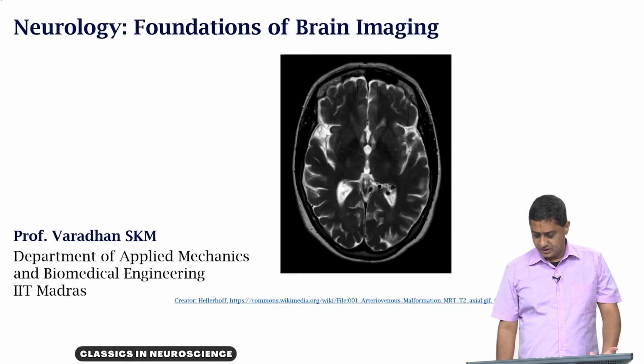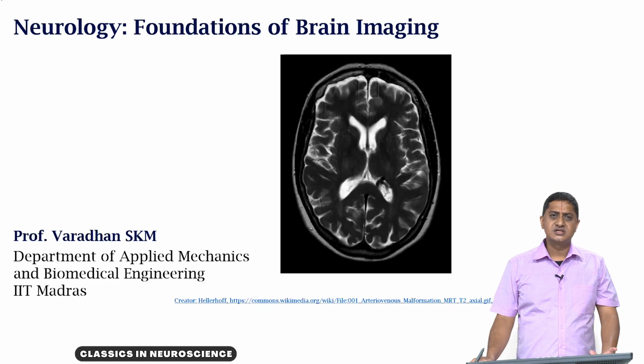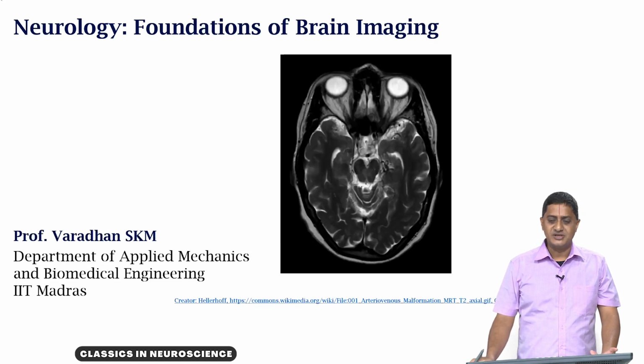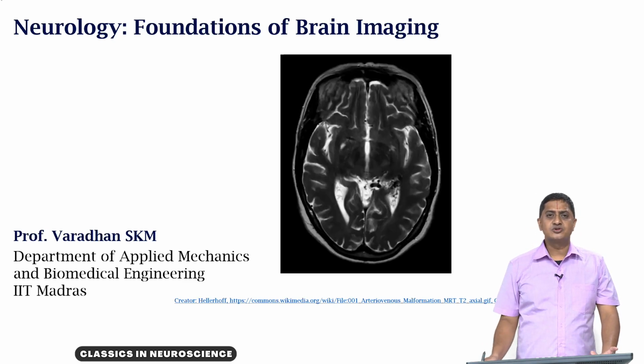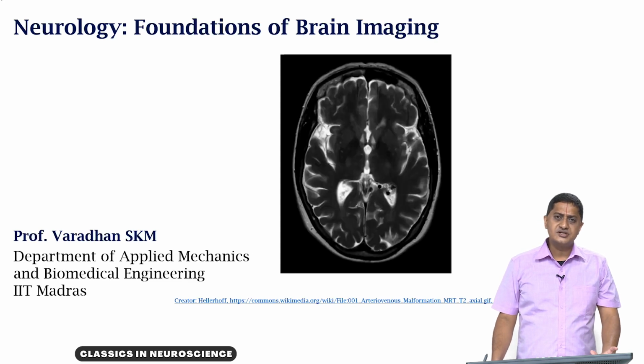We were looking at neurological foundations that led to the development of neuroimaging or brain imaging. In the last video, we looked at the seminal contributions of Wilder Penfield to the field of neurology and neurosurgery.